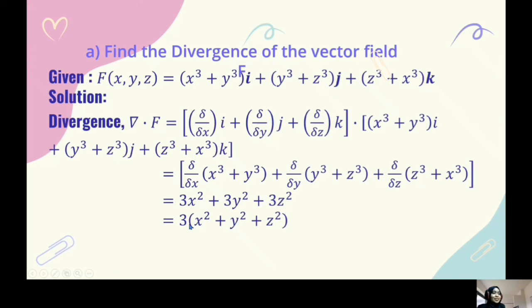So the final answer is 3(x squared + y squared + z squared).